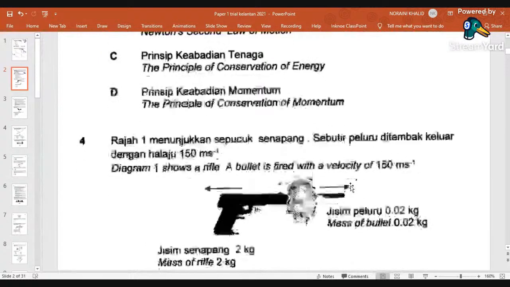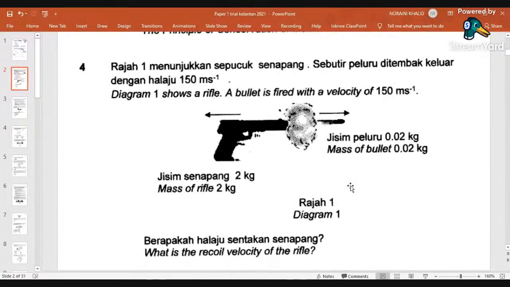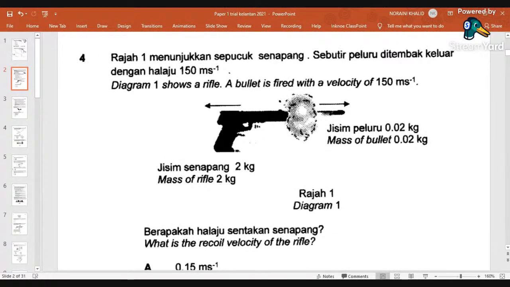Okay, number 4. Diagram 1 shows a rifle. A bullet is fired at velocity 150 meters per second.